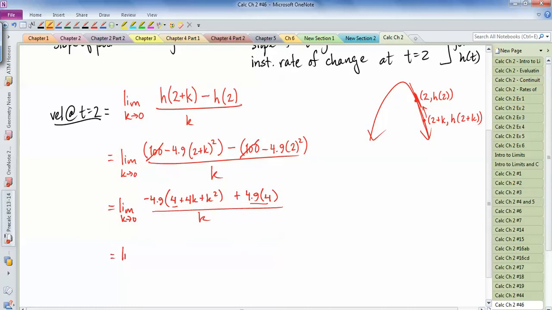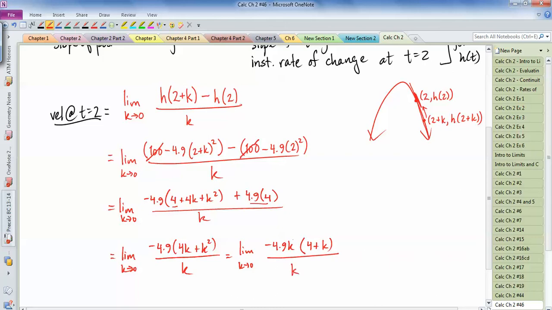So if I simplify a little bit more, I'm going to get negative 4.9 times (4k plus k squared) all over k. Now I can factor out a k. So negative 4.9 times k times (4 plus k), all over k.